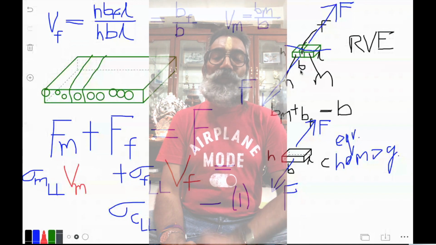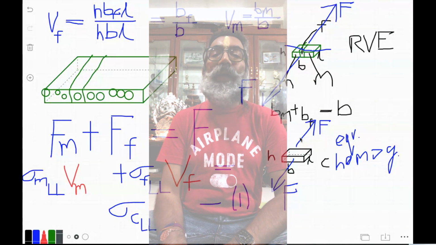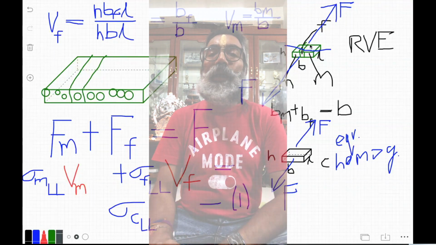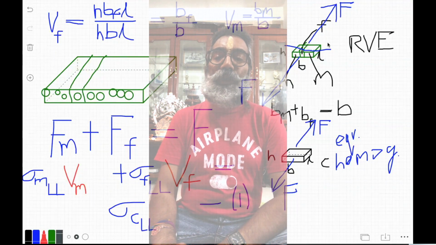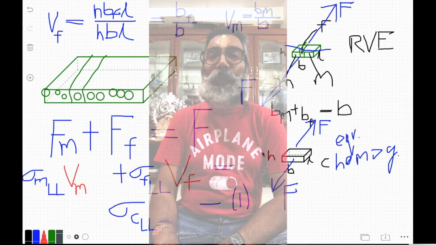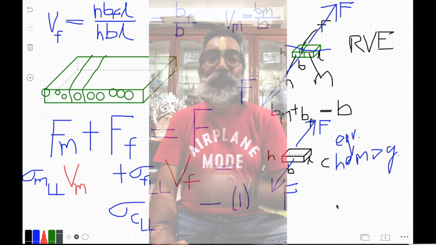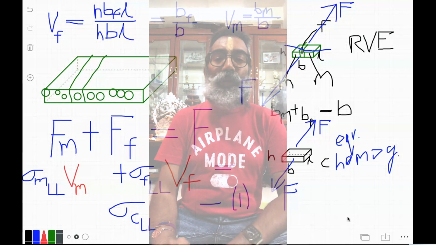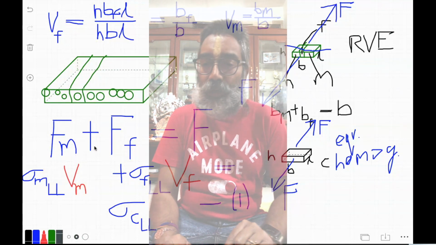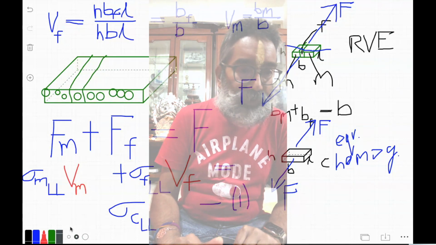But in this case, for the simplest model, the assumption that is taken is that the extension of the fiber and the matrix is one and the same, because that's how this composite has to behave as a total, and therefore the amount by which the fiber extends and the amount by which the matrix extends is one and the same. So we will call, let me erase a few things over here.